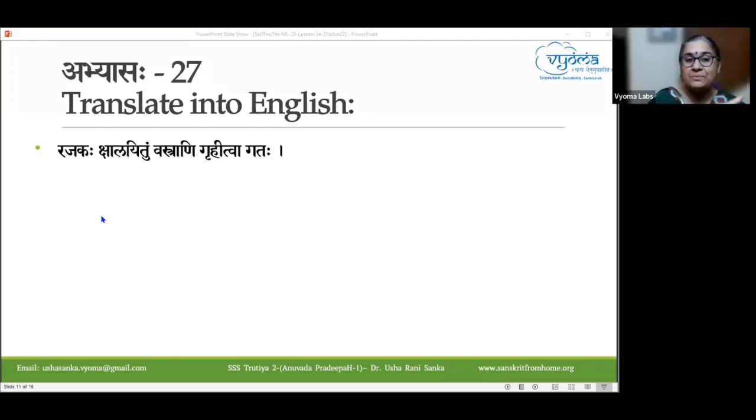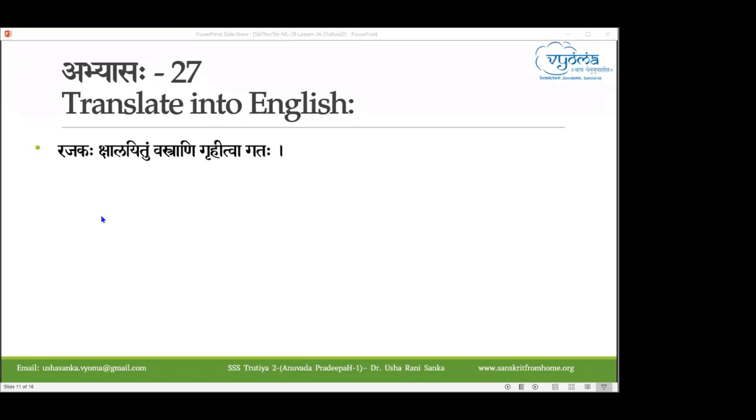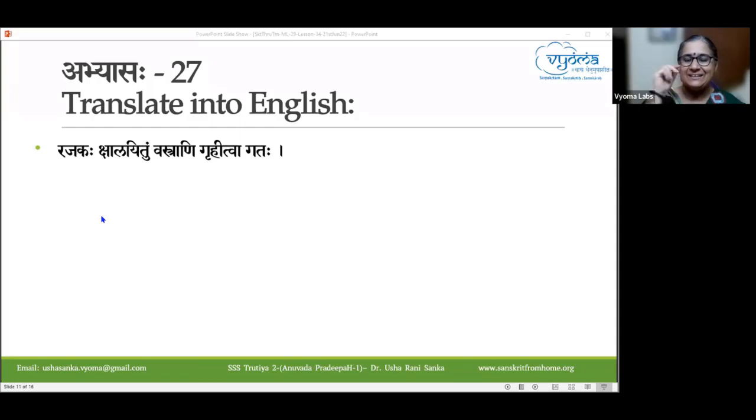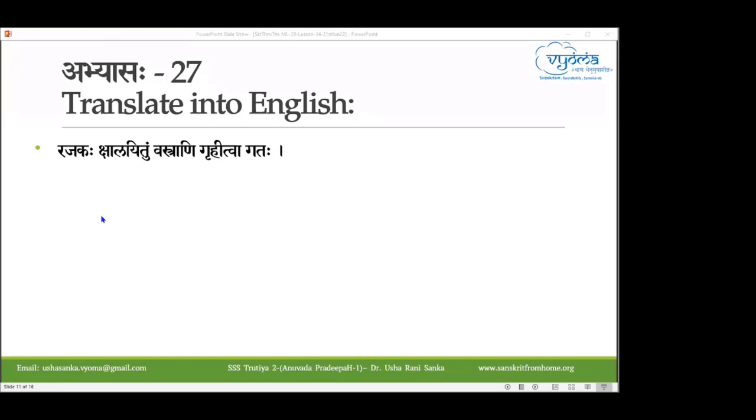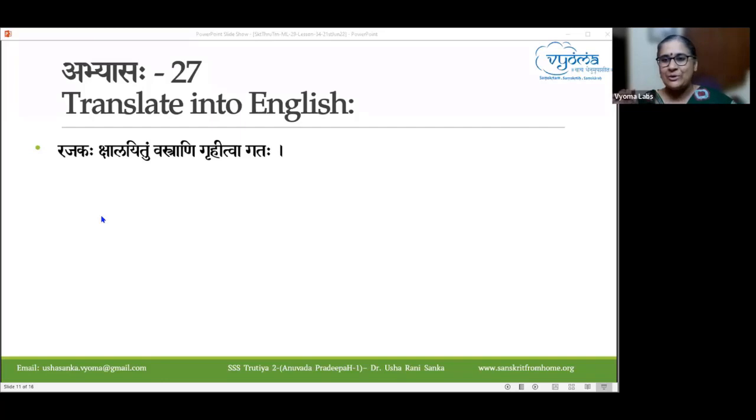This kshalayitum is to wash. He took the clothes to wash. The taking and going to wash are related. That's what I want to mean.